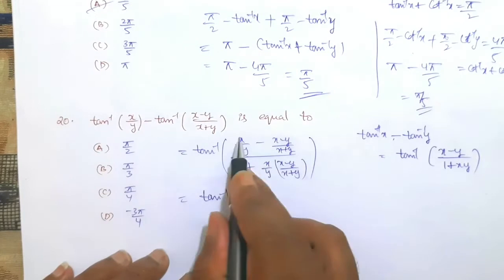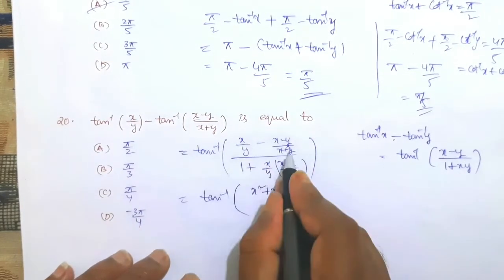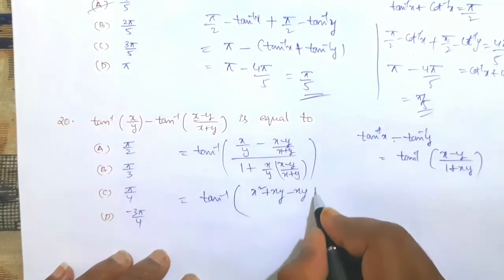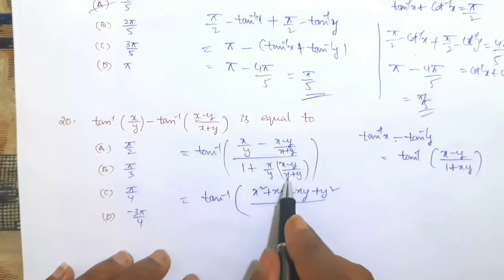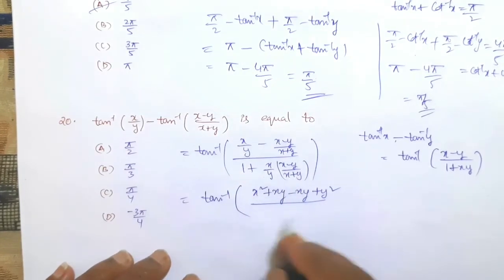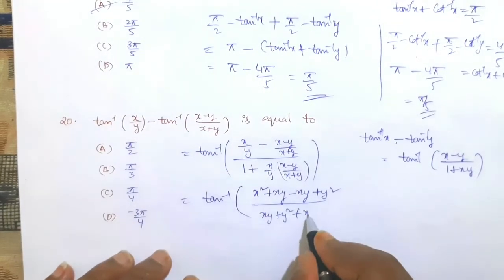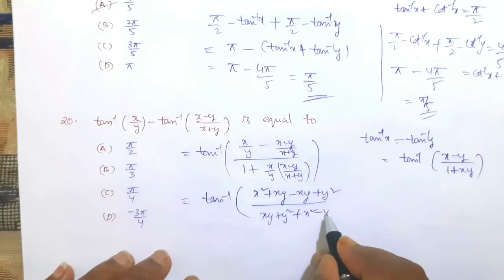Now here you do cross multiplication: x into x, x square, plus xy, minus x into y, this is minus xy, minus into minus plus y square, divided by, here also, here LCM is xy plus y square plus x into x, x square, this is minus xy.